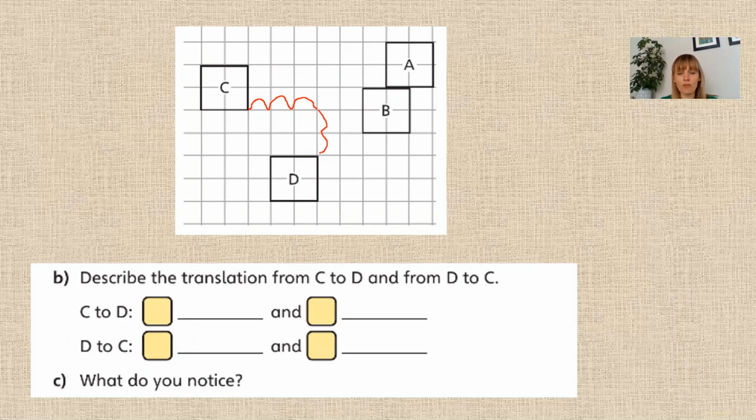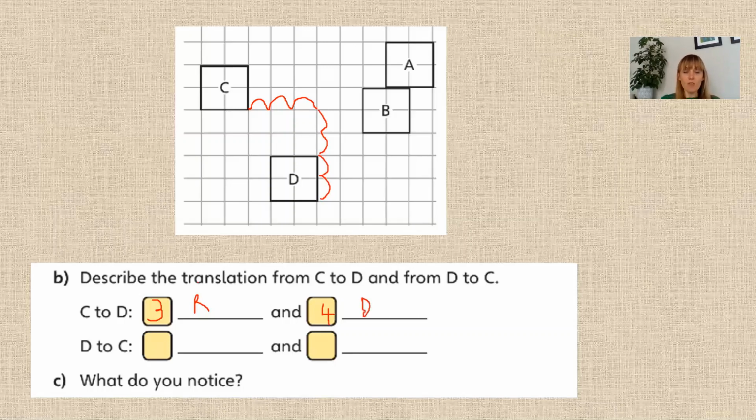Because that's the top corner of D. I'm moving the bottom corner of C, so be really careful with that. So I've gone 2 down, but I'm not quite there, so I've got to go 3, 4 down. So from C to D, I'm going to do a capital 3 right, and then I'm going 4 down. I'll just do the letter because if I try and write the whole word, we'll be here all day.